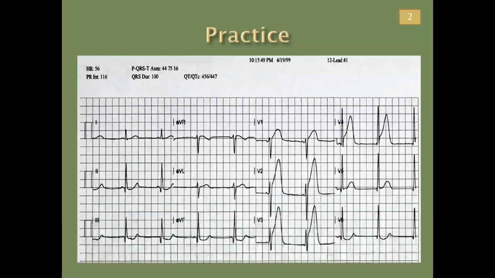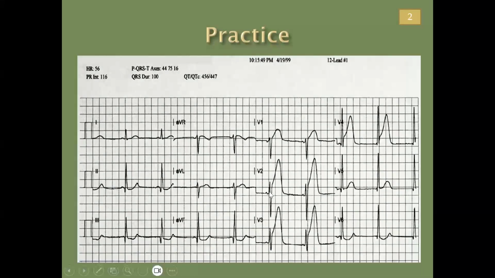So take a look at this one. You can see over here in your anterior leads, V1, V2, V3, V4, look how big those T waves are. Those are called hyperacute T waves. We don't have a Q wave MI yet. But if this continues to progress, those T waves are going to flip over, kind of like puppy dog ears when they are relaxed.